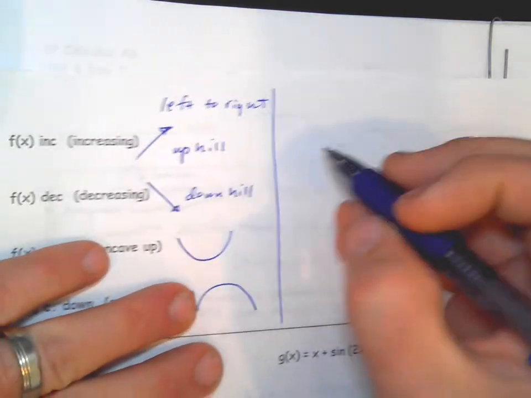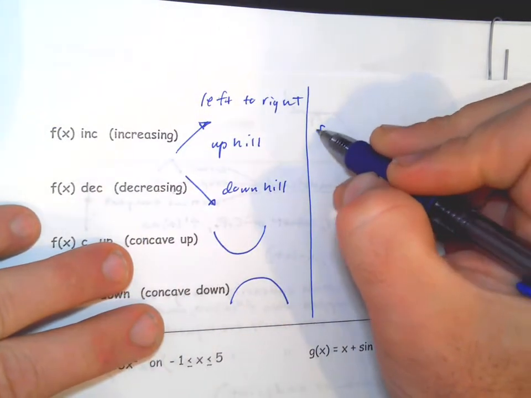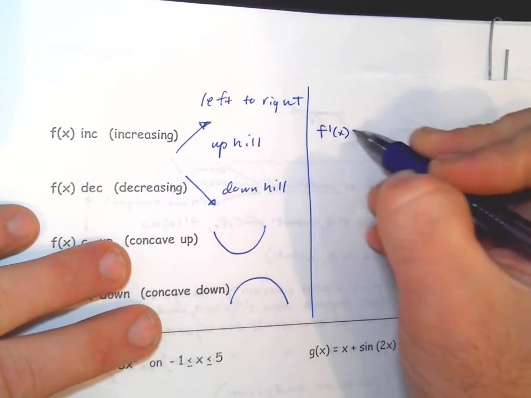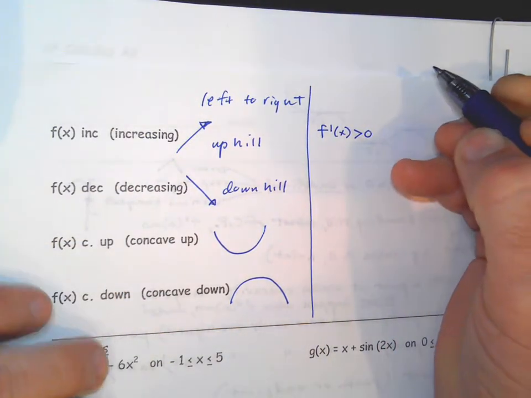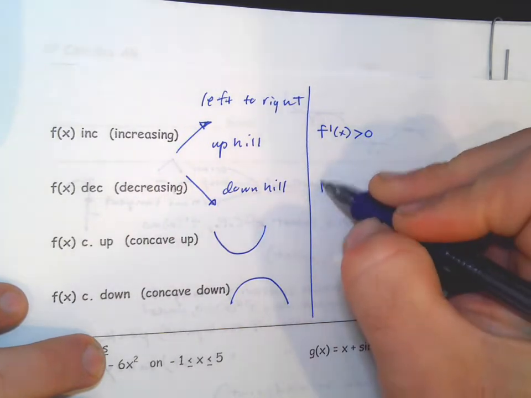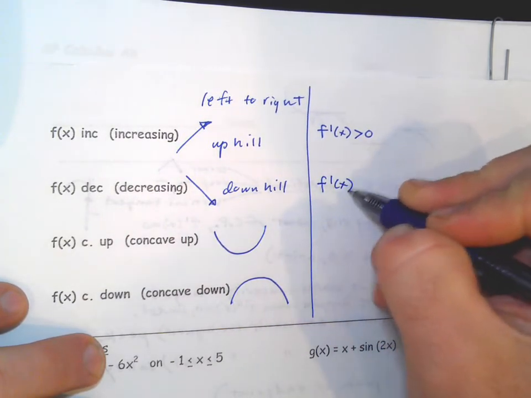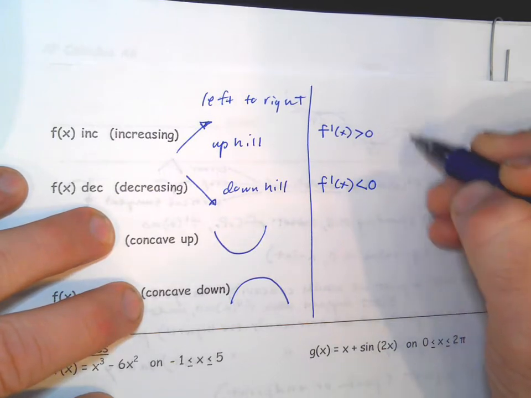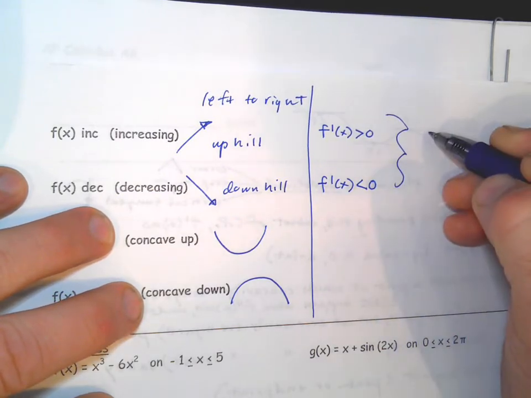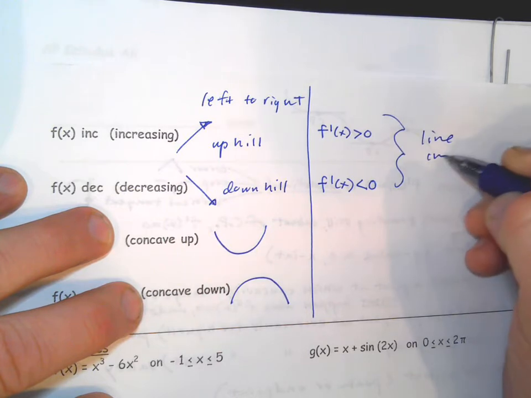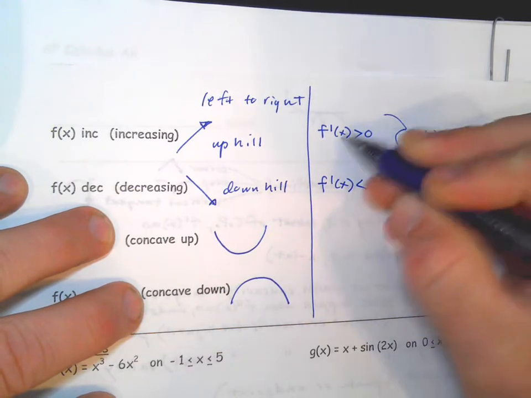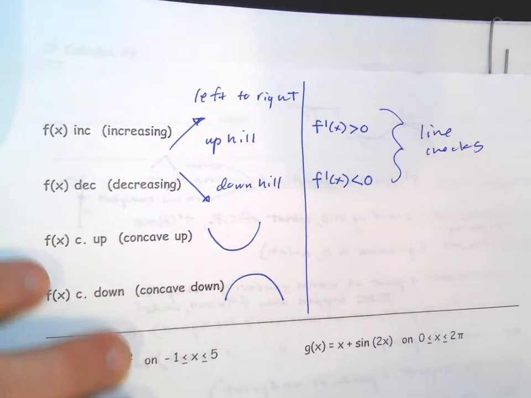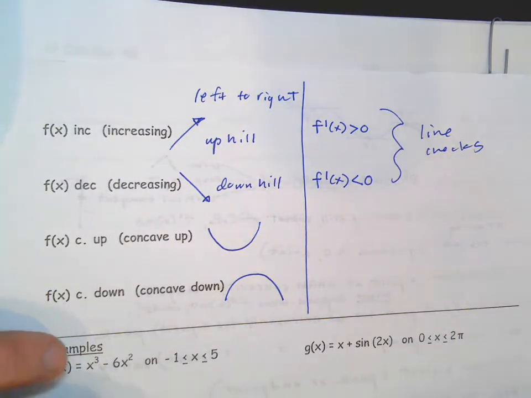So to identify it, it's where the derivative is positive. Where the slope is positive, the graph is going up, right? And where the slope is negative, the graph is going down. And so we're going to use line checks to help us find that. We're going to figure out where f prime equals 0 or is undefined and then do line checks and do plus minus, figure out where it is.